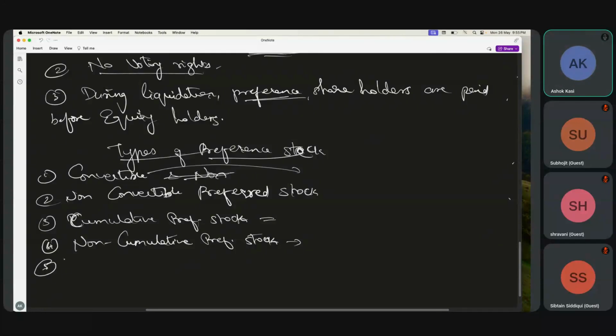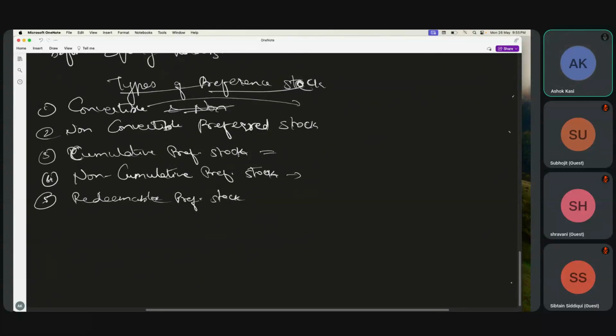Then next one is redeemable and irredeemable. Redeemable preference shares means after a certain number of years it will be called back. They will take back the shares and give back the money, and that's it. The relationship is over.